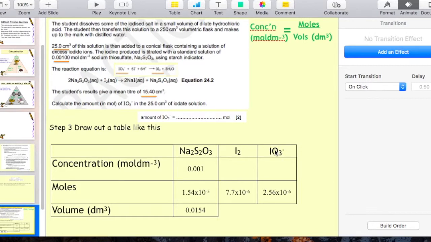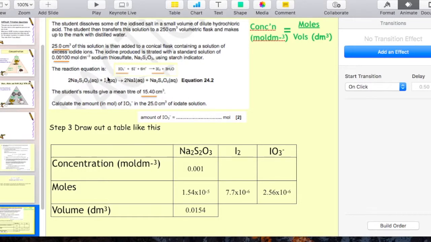How does that help us determine the iodate number of moles? Well, if we think back in the question, this was what was reacted first, and this was reacted secondly. This is so common for them to do this.